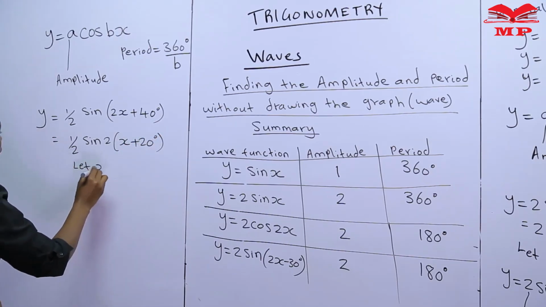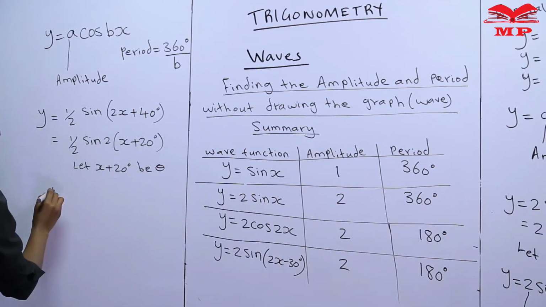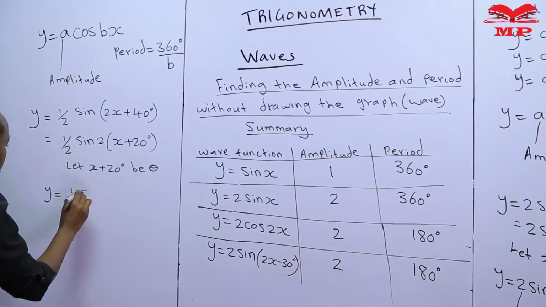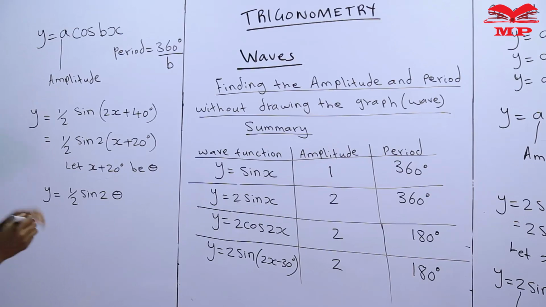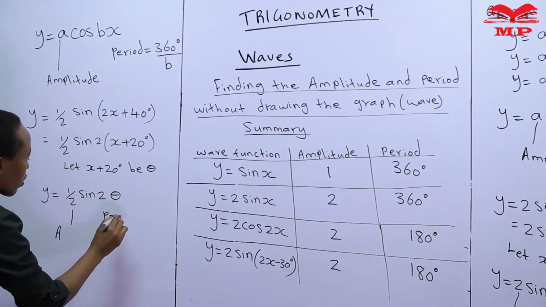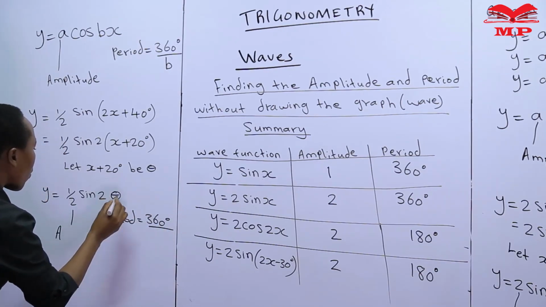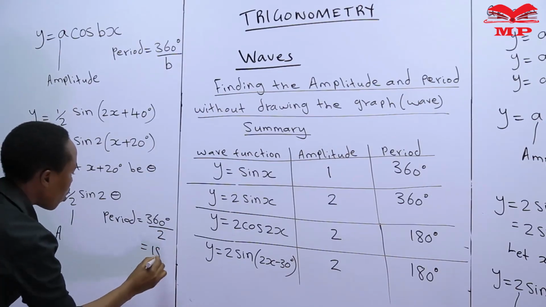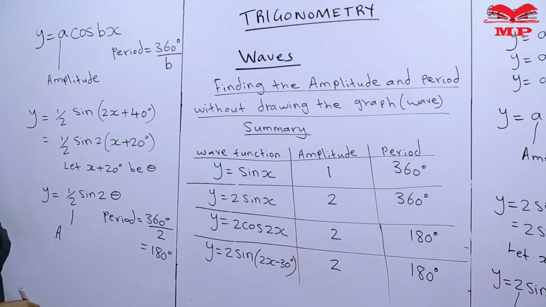Then we say let x plus 20 degrees be theta, so we have y is equal to a half sine 2 theta. From this, a half is the amplitude, and the period will be 360 degrees divided by the coefficient of the angle, which is 2, giving 180 degrees. So that's how we can find the amplitude and the period without having to draw the graph.